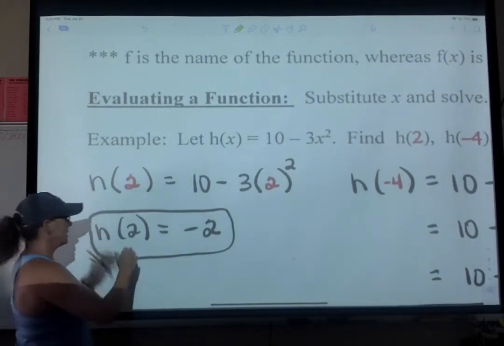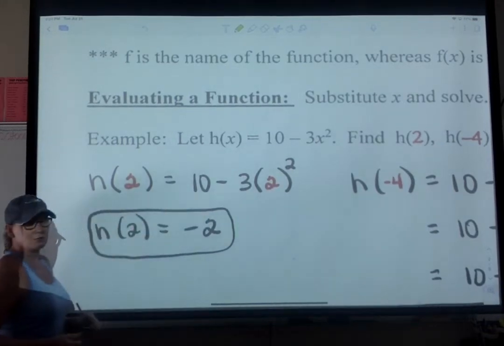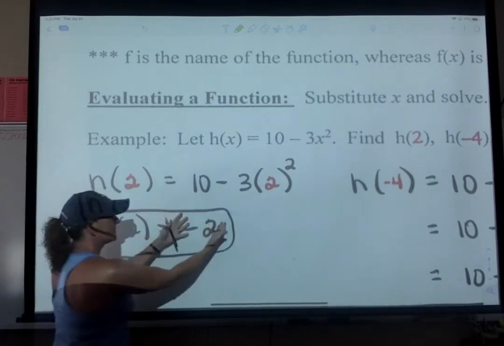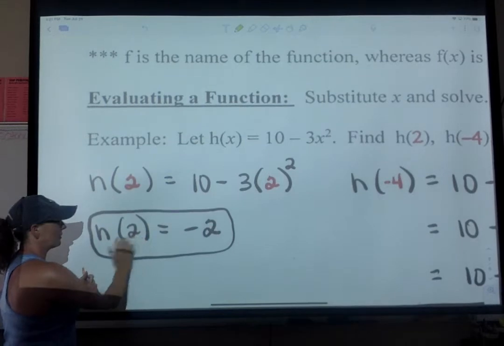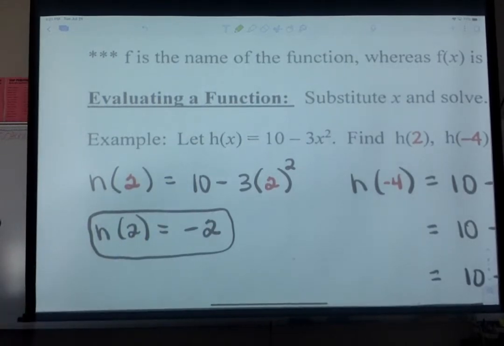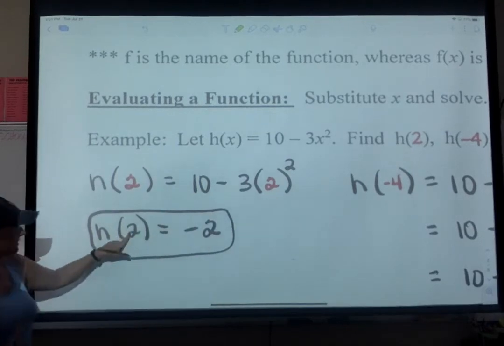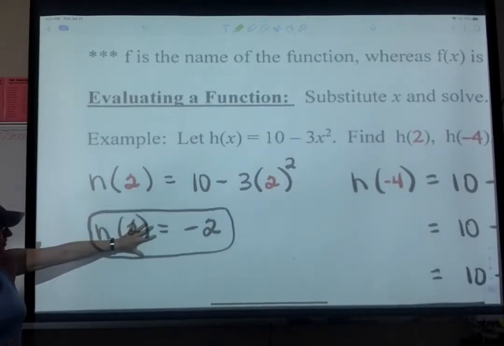Back in Algebra 1, this would have been y equals negative 2. It's a y value, but here's what's cool about it. This is the y value that I got by plugging in this x value. That's why I like it, because I see the y value and I see the x value that went along with it. So this is what your answer should look like.